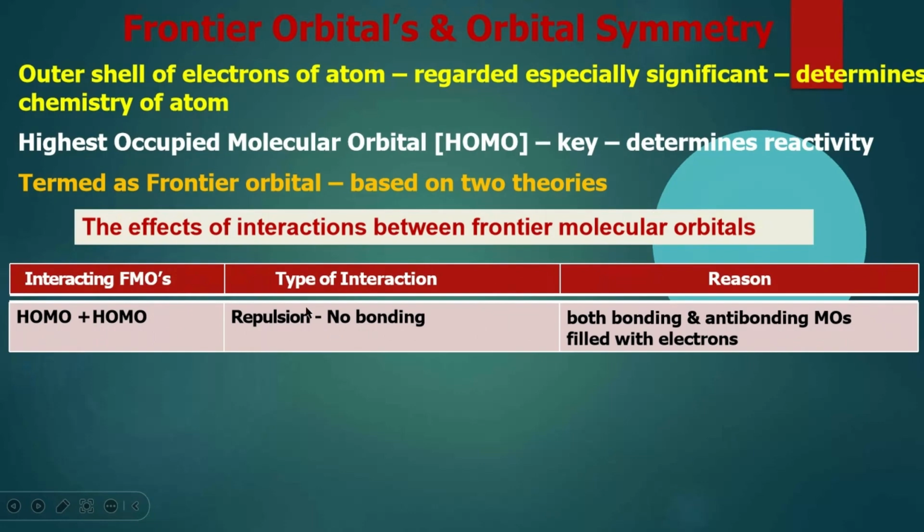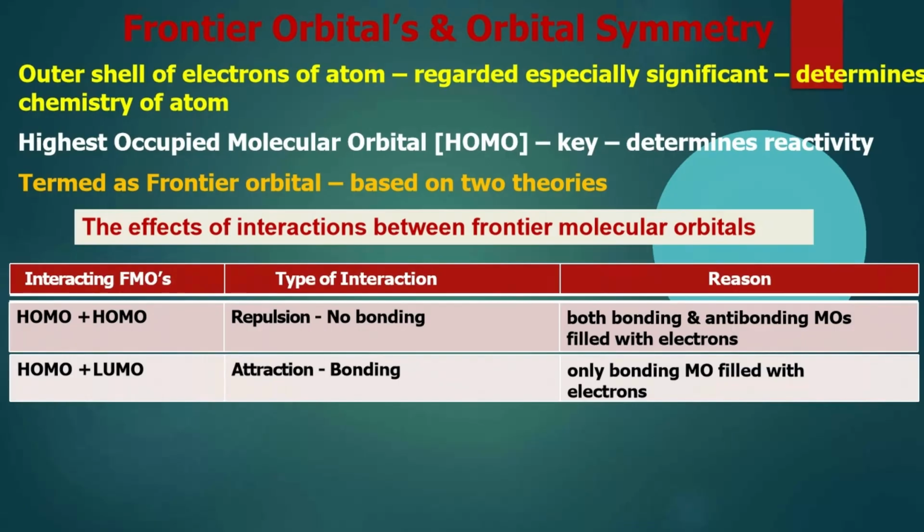That's why there is no possibility of bonding. The reason is that both the HOMO of two different compounds have electrons in them. That is, both the bonding and anti-bonding molecular orbitals are filled with electrons, and that's why they repel each other and no bonding can occur.